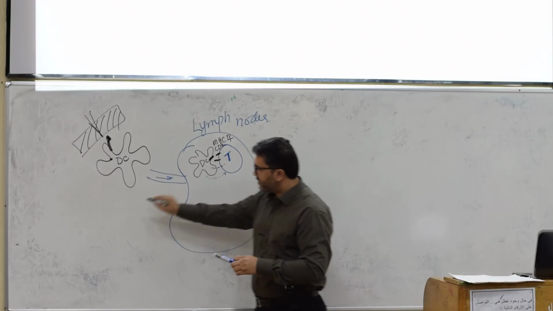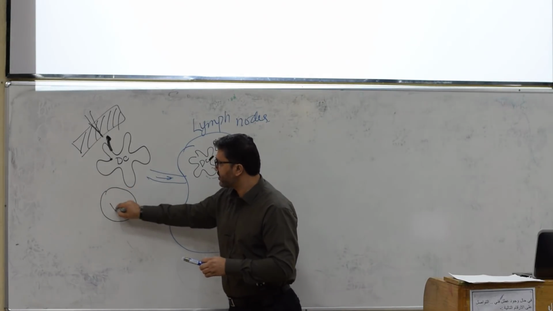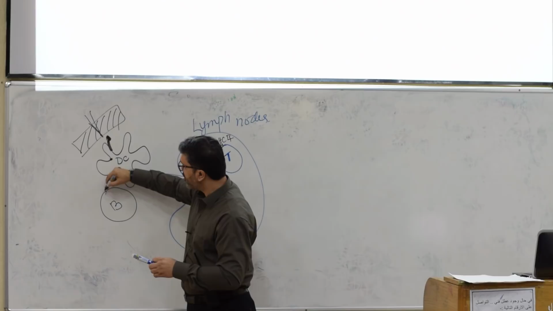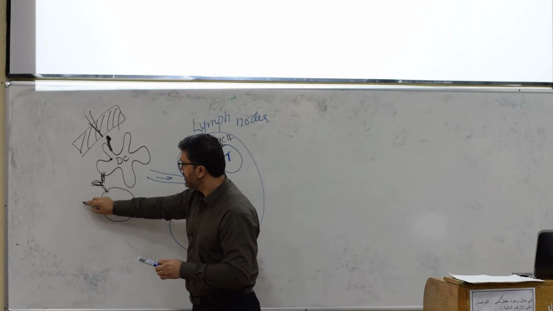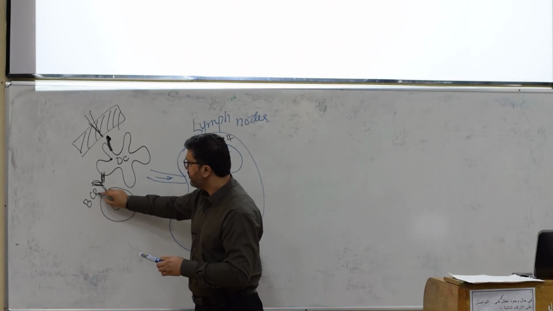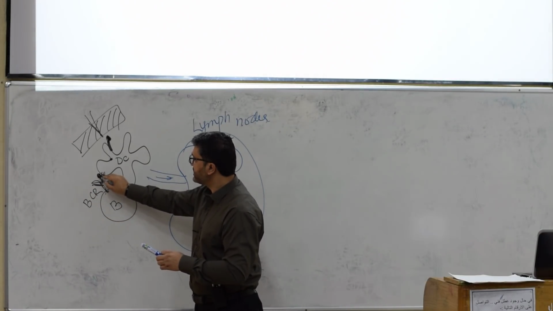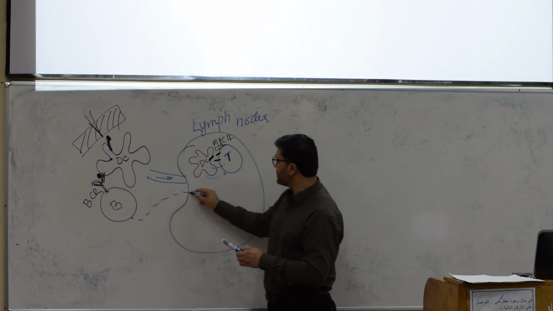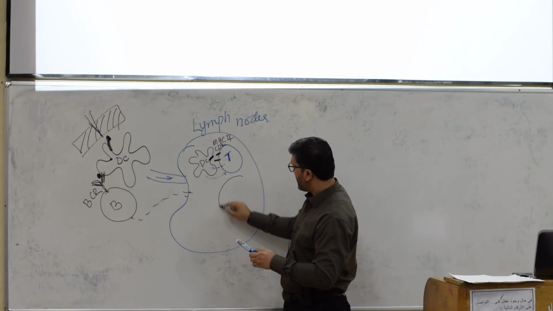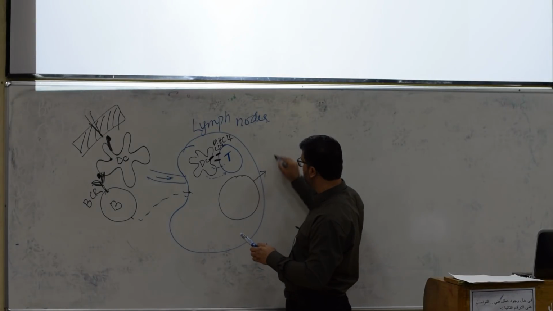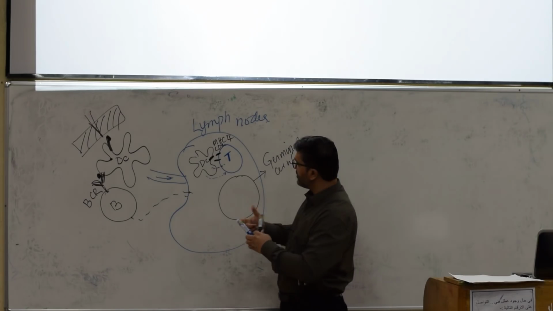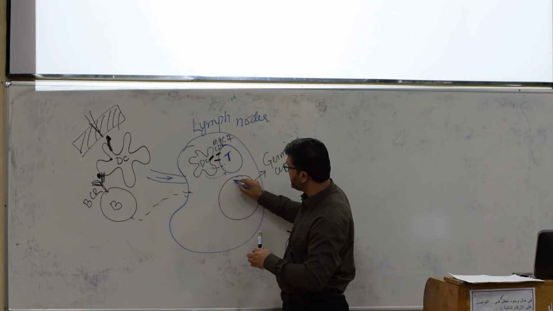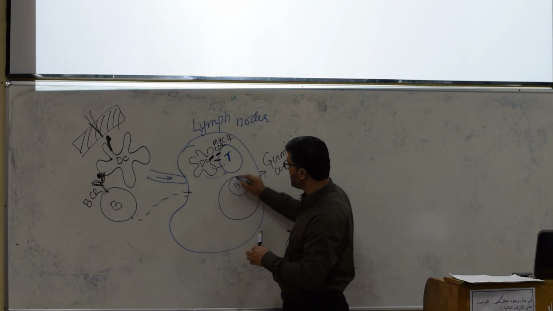Now, the B cells here in the circulation, they go to the tissue, they also can bind to the antigen with the help of what? B cell receptor. They take it up. They also make their way to this, and here are certain things which are called germinal centers. In the germinal center, this activated T cell is going to interact with B cell.